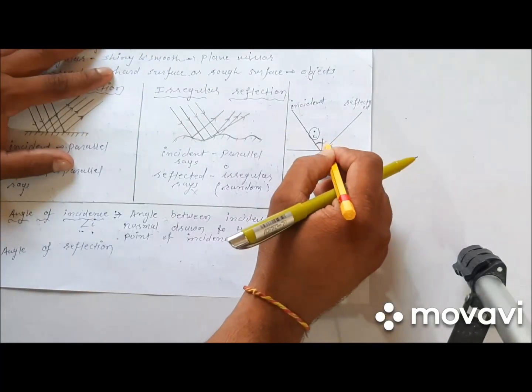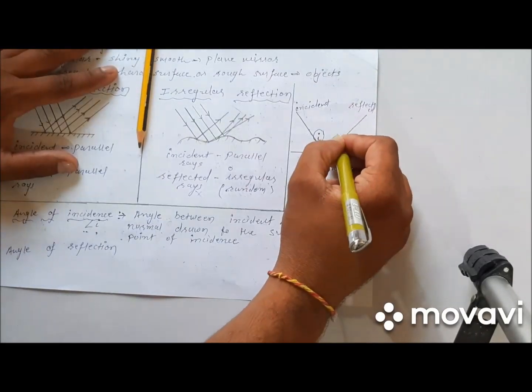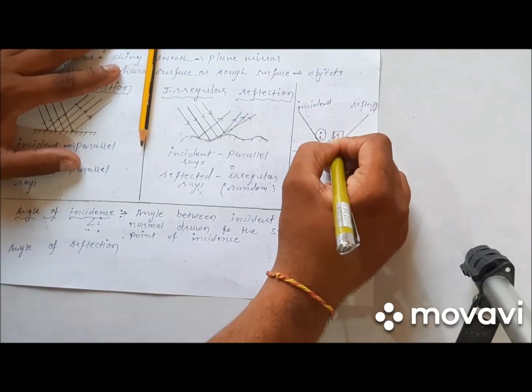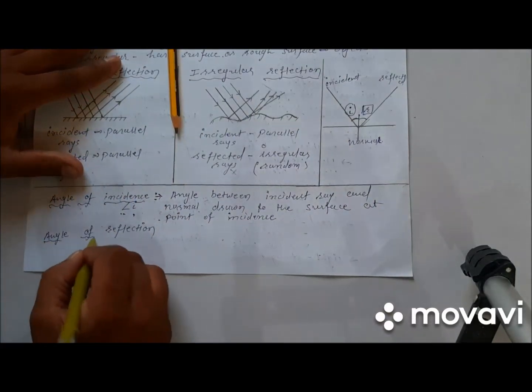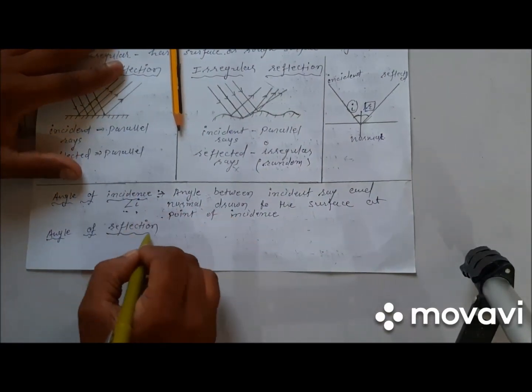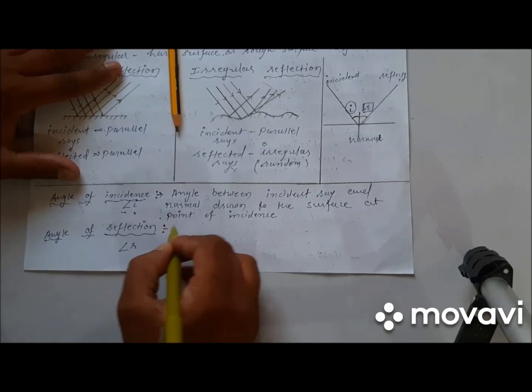Now this other angle is called angle R, that is our angle of reflection. So what will be the definition?